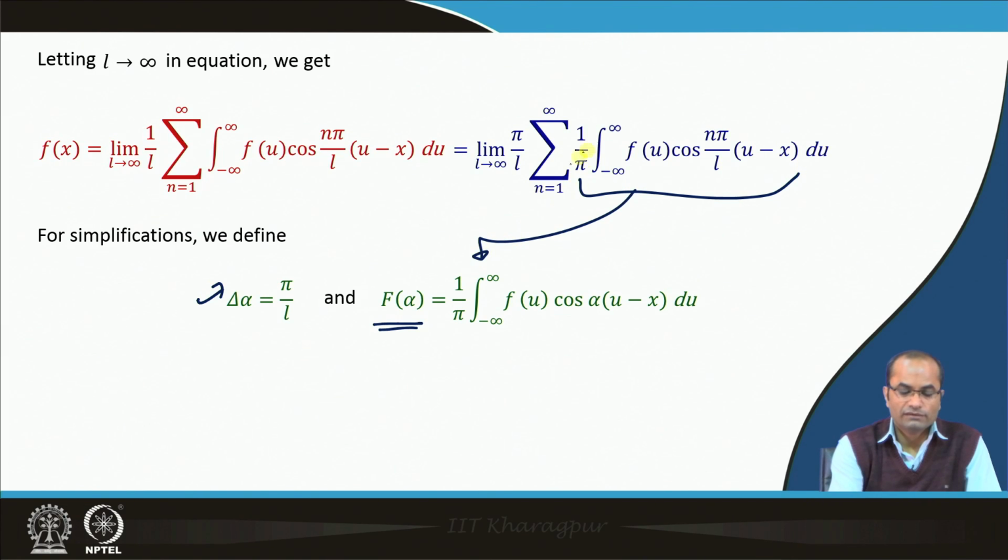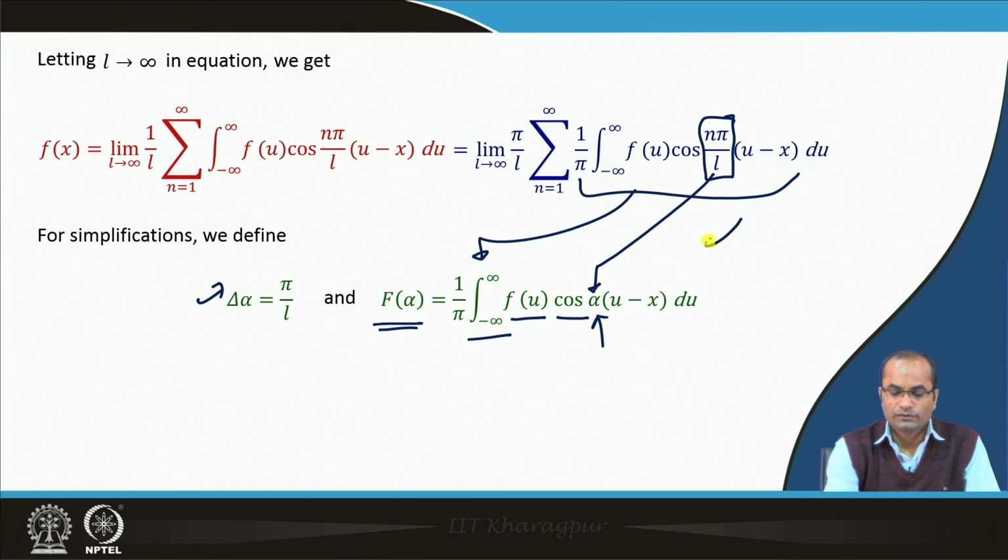So, this is exactly 1 over pi, minus infinity to plus infinity, f(u) and cos, and then we have introduced here this alpha instead of n pi over L. This is our alpha there. So, alpha is n pi over L and then (u minus x) du.